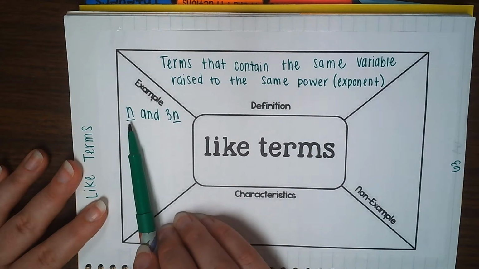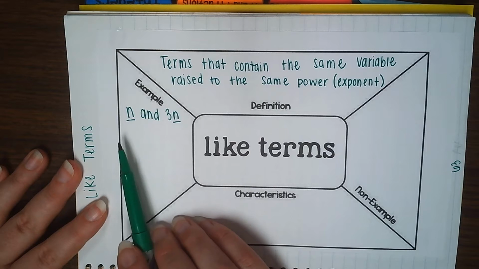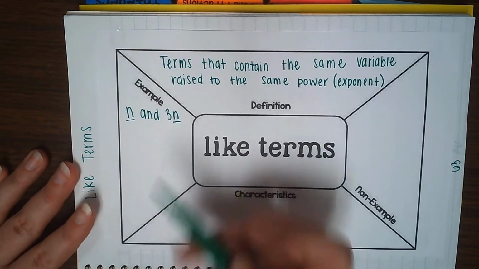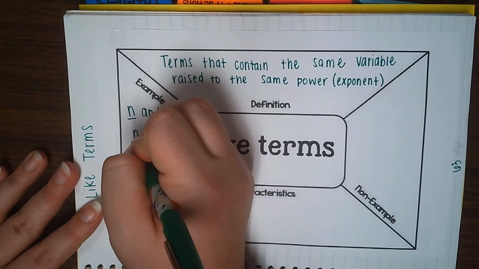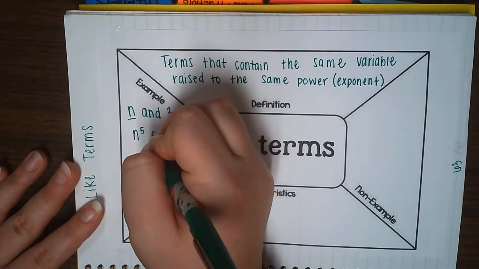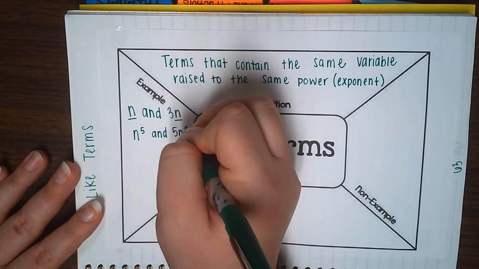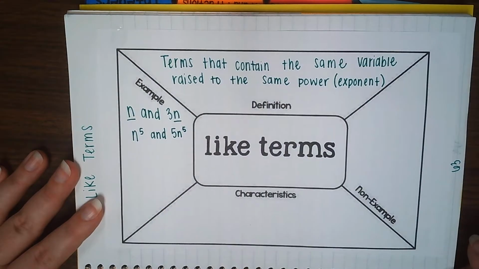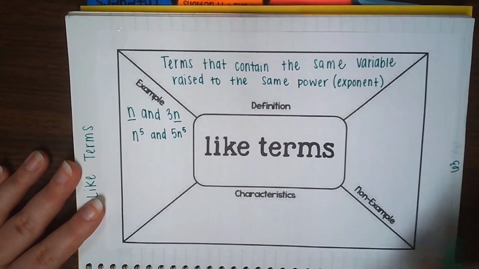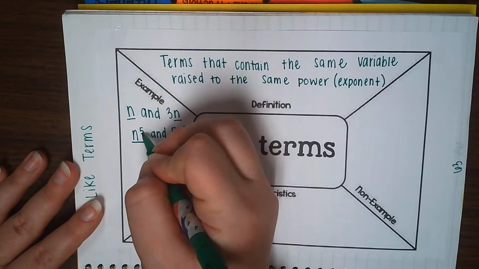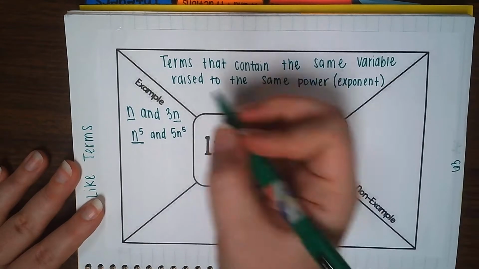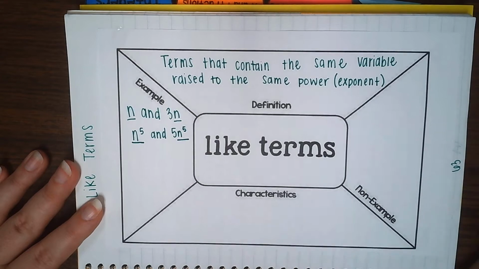So n and 1n are the same thing. We could have n to the 5th power and 5n to the 5th power. Both of the variables are n, and they're both raised to the 5th power. So those are like terms.